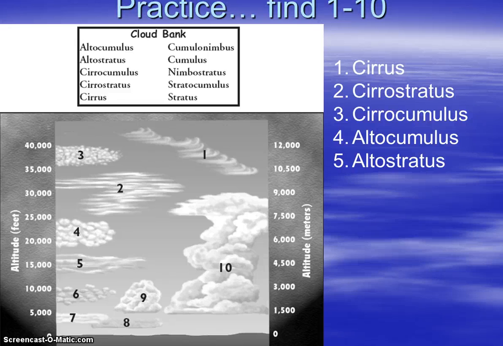Now let's look at 6. We see 6 is kind of puffy. And the puffies are layered. So we have layered little puffy clouds, so that's strato for layered and cumulus for puffy.